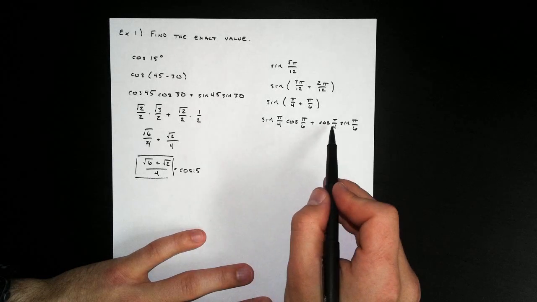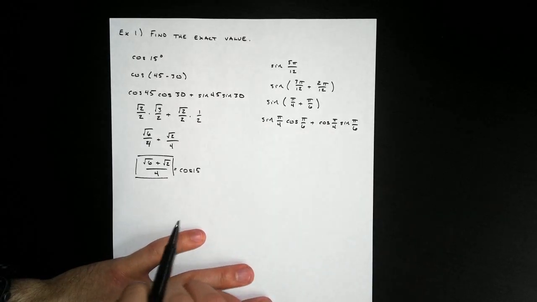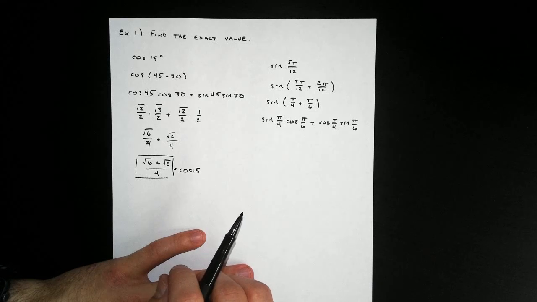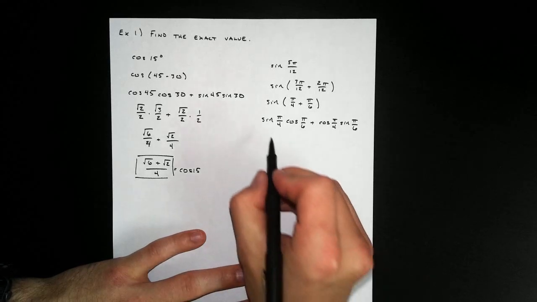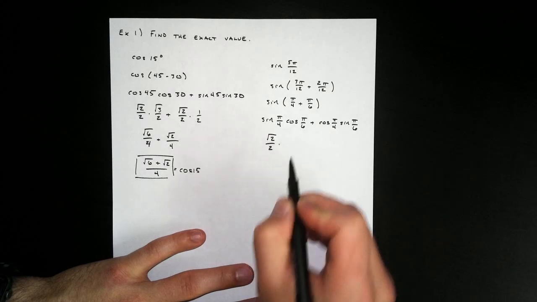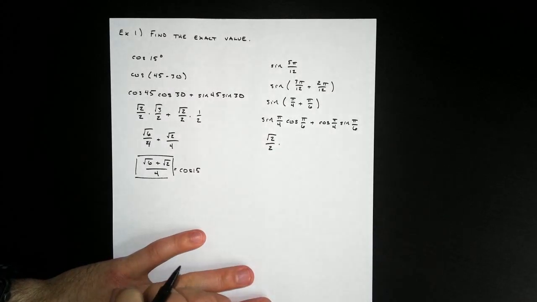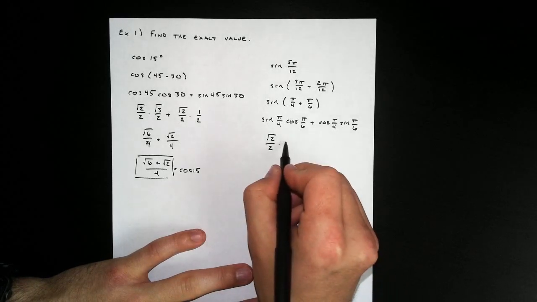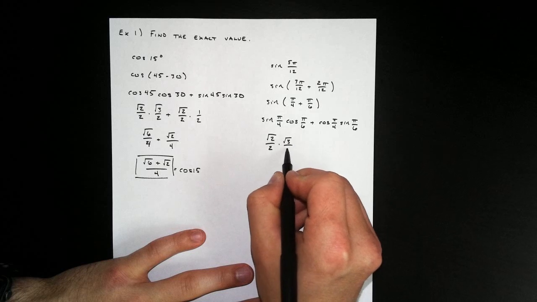Now we can find the value for each of those and then do a little simplifying. The sine of pi over 4 is the square root of 2 over 2, and the cosine of pi over 6 is the square root of 3 over 2.